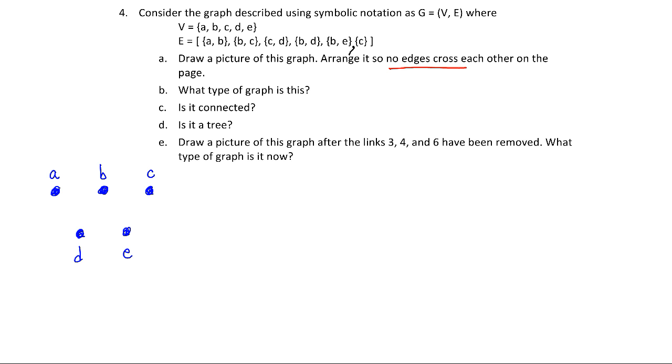So I have an edge from A to B, one from B to C, one from C to D, one from B to D. This looks an awful lot like the last problem. One from B to E, and one from C to itself. Okay, I did run into edges crossing each other, so I've got to unfold this diagram to complete part A.